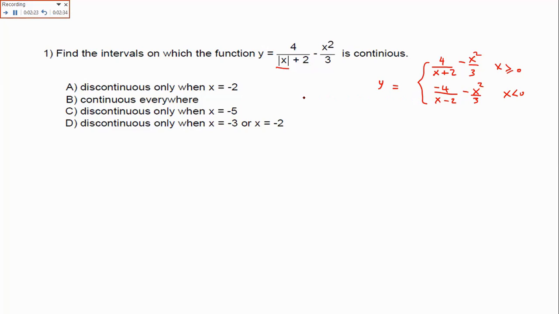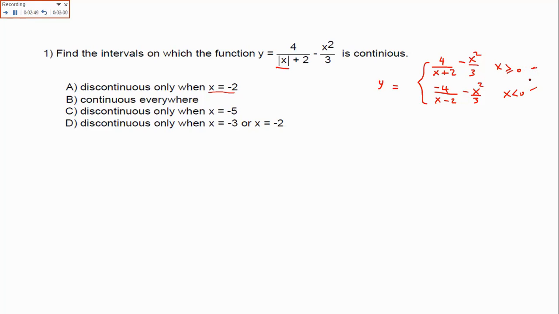Okay. Now let's take a look. Here it says that this function is discontinuous only when x is equal to negative 2. So let's say negative 2, should we take the first or the second for negative 2?